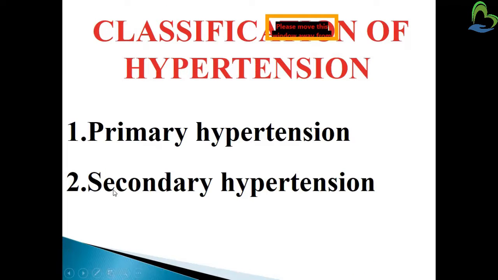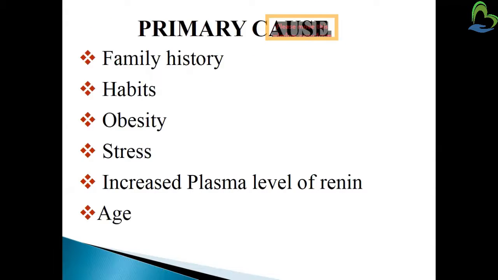We can also categorize hypertension as primary hypertension and secondary hypertension. So what are the differences? Some causes may be responsible, or there may be an absence of causes. For primary causes: a family history of blood pressure or hypertension, habits of any kind of addiction, such as smoking or alcohol. Then obesity and being overweight.